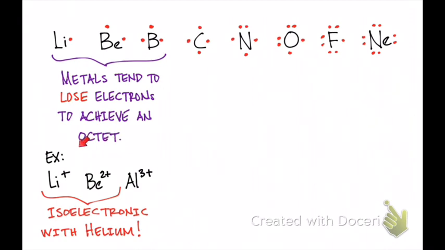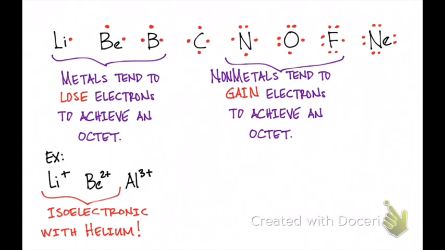That makes these 3 ions stable. They become as stable as a helium atom. Looking at these other elements here, we have the nonmetals, and the nonmetals tend to gain electrons in order to achieve an octet or become isoelectronic with a noble gas.